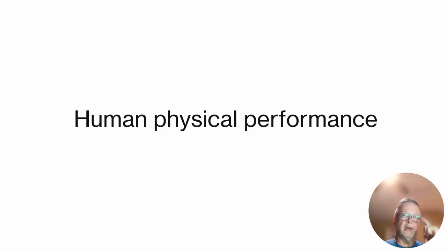Okay, let's talk about performance. And I decided to use sports records to show you how human performance changes. Of course, these are not average numbers. We have to understand that what I'm showing you here are the best of the best, right?